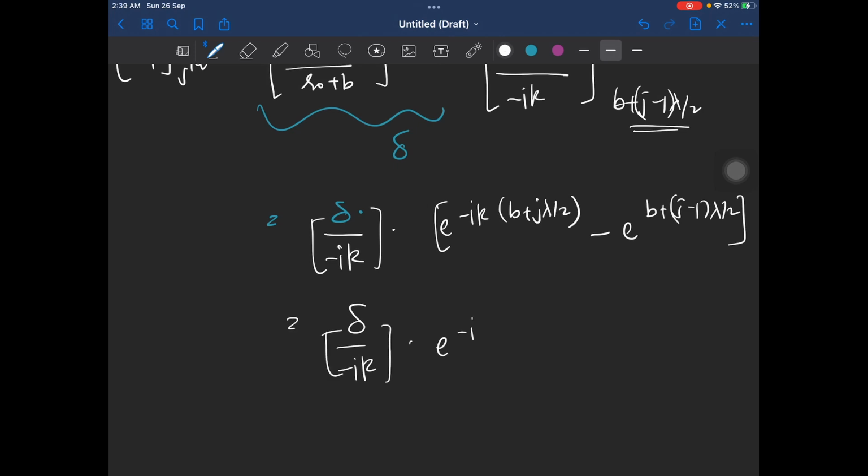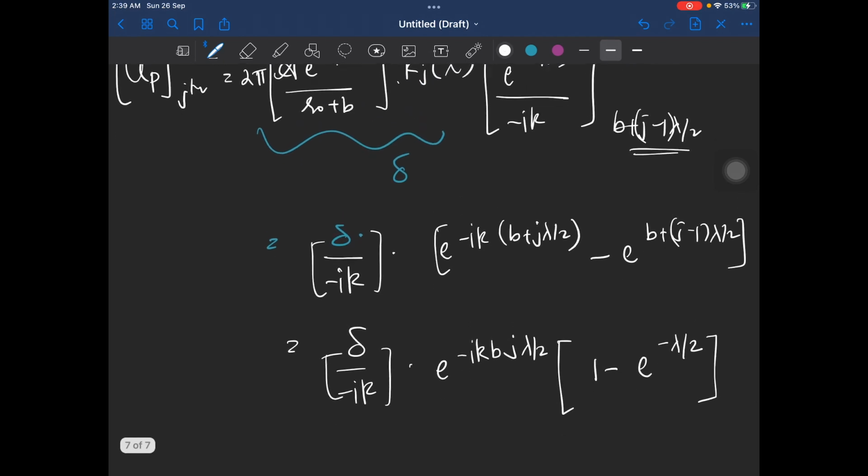So e^(-ik(b plus j lambda by 2)) is common, times 1 minus e^(ik lambda by 2), and of course there is an ik always, over minus ik lambda by 2.